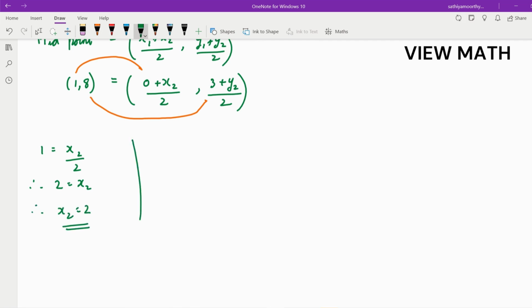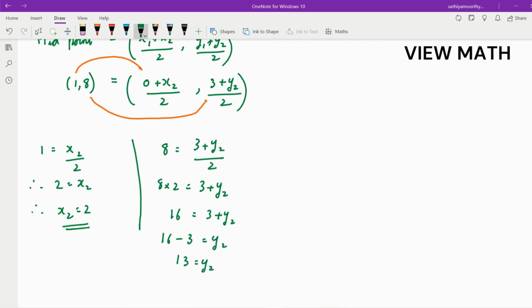Next let me equate the y coordinate. 8 is equal to (3 plus y2) by 2. Let me bring 2 to the other side: 8 into 2 is equal to 3 plus y2. 8 into 2 is 16, equal to 3 plus y2. If I bring 3 to the other side, 16 minus 3 is equal to y2, and 13 is equal to y2.